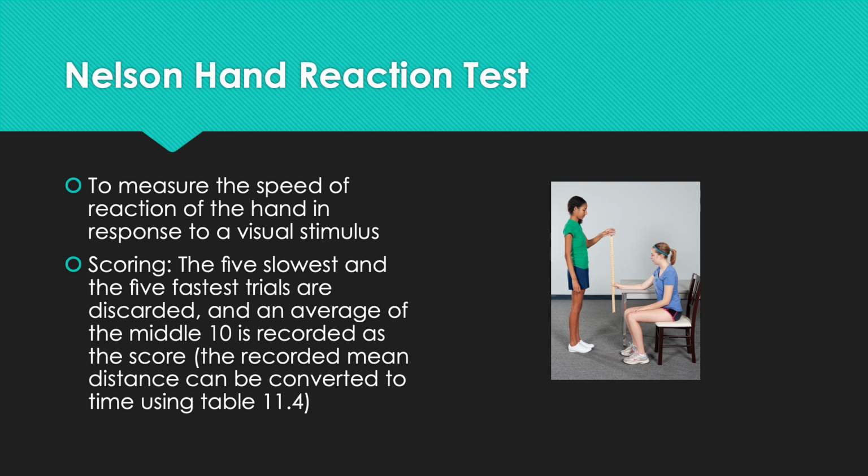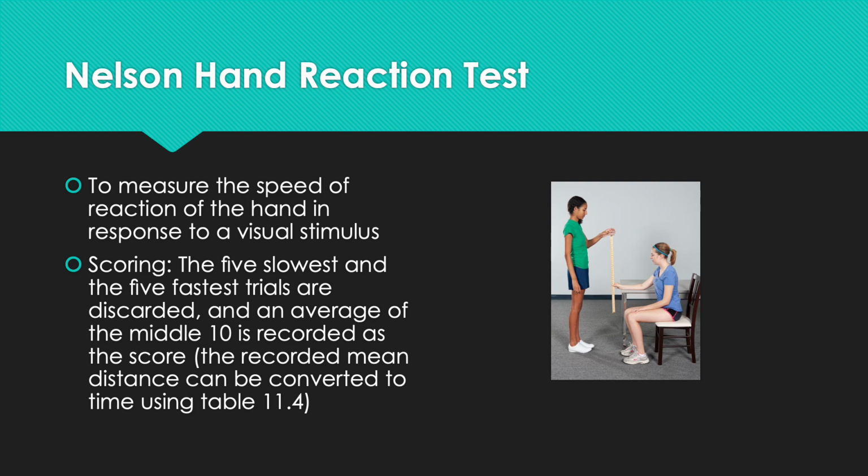You throw out the 5 slowest and the 5 fastest trials, and then you average the middle 10, and then you record the mean distance that can be converted to time using the table that's available in your book in figure 11.4.